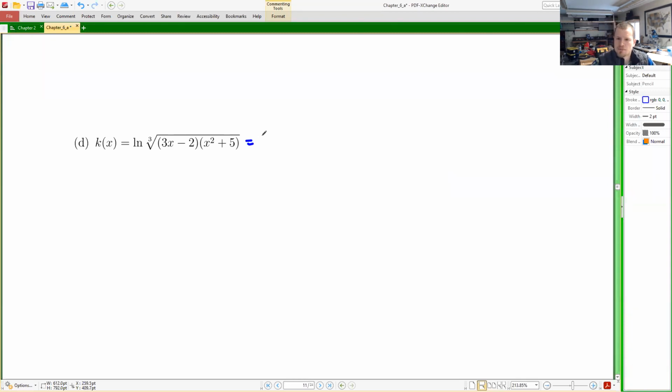So the first thing to recognize is that this is the natural log of, let's put it into brackets, 3x minus 2 times x squared plus 5 being raised to the 1/3 power. So we go ahead and use the power rule to say that this should be 1/3 times the natural log of 3x minus 2 times x squared plus 5.